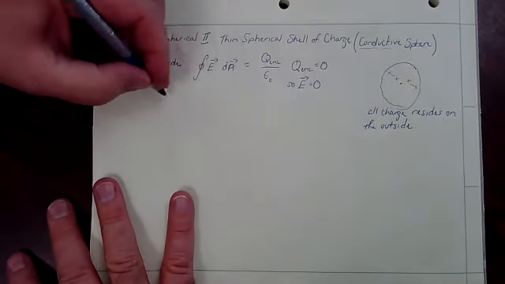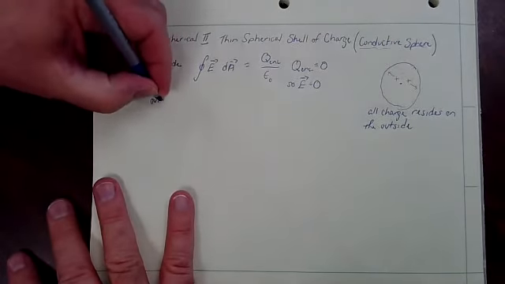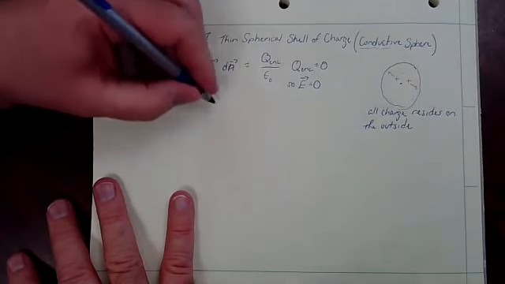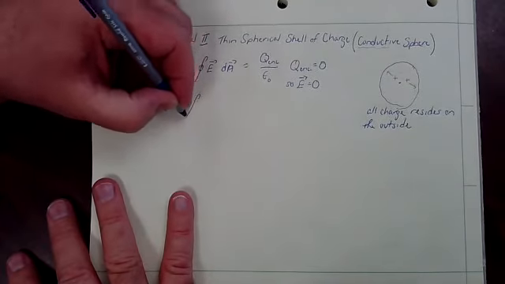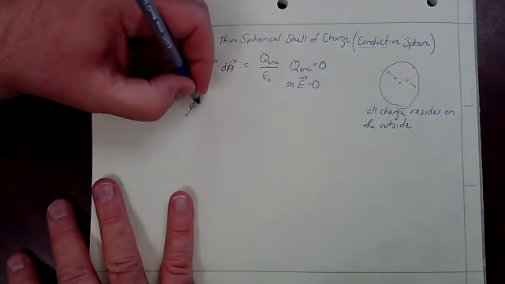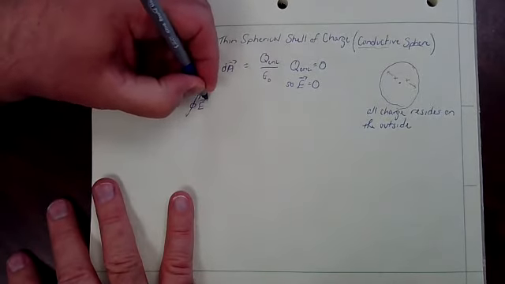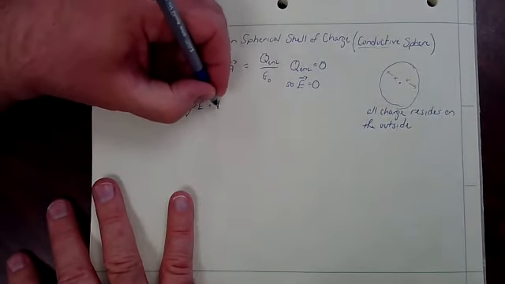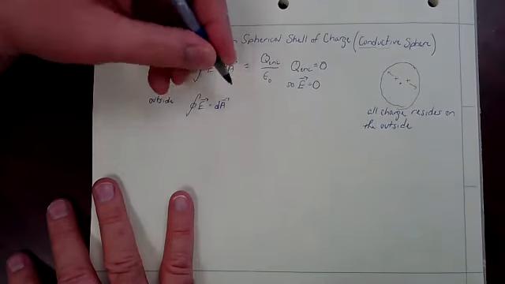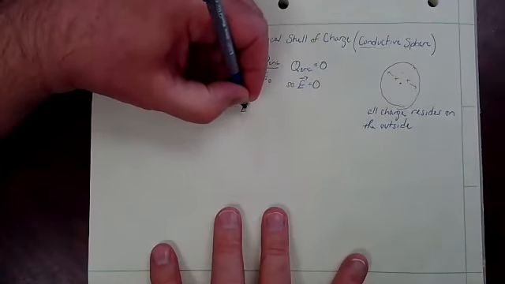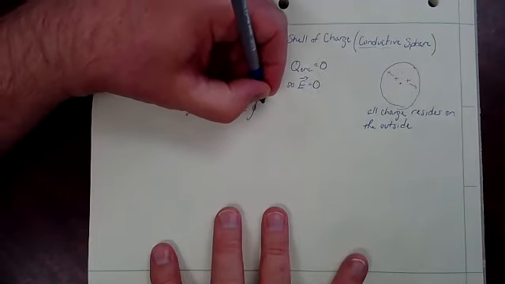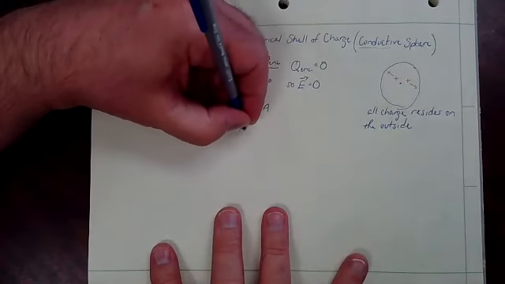And then when we go outside, our Gaussian surface is again going to be a sphere. But since it's a sphere, E is parallel to dA and constant, so it comes out of the integral. So then I just have E times the surface integral of dA over a sphere.